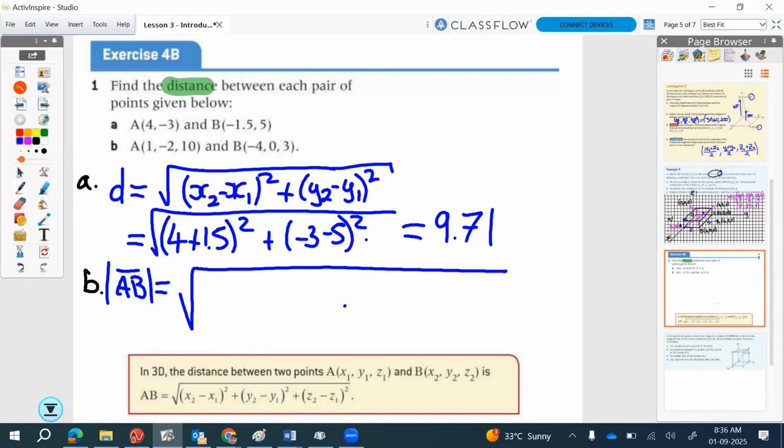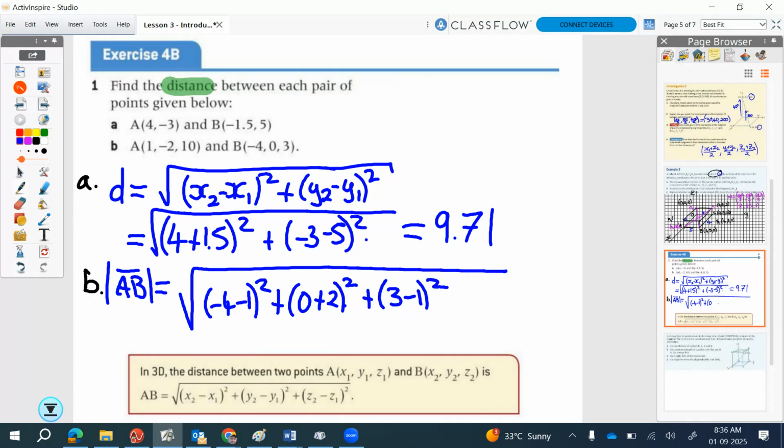I will have my x2's as B for this one. So -4 minus 1 squared, 0 minus -2 will be +2 squared, and 3 minus 1 squared.